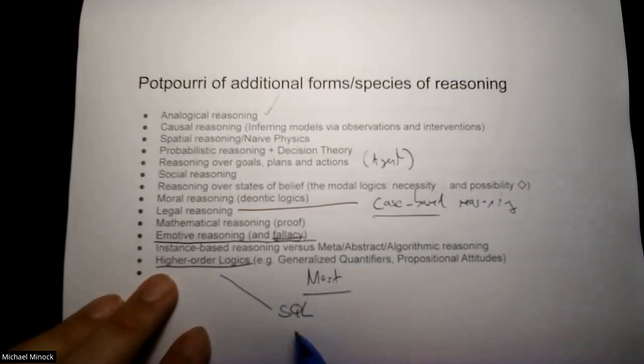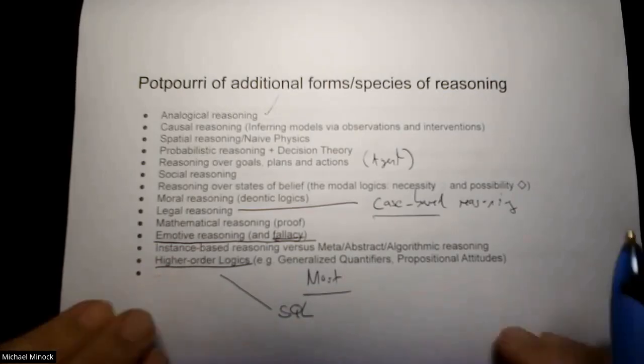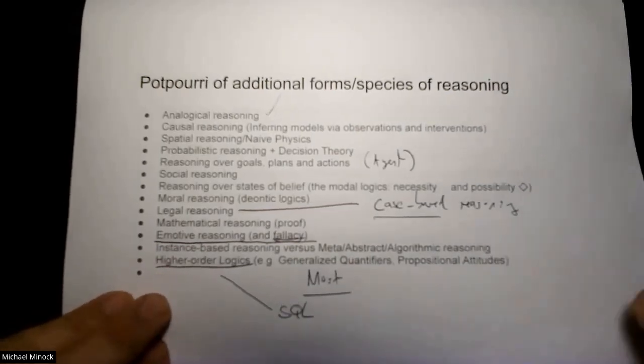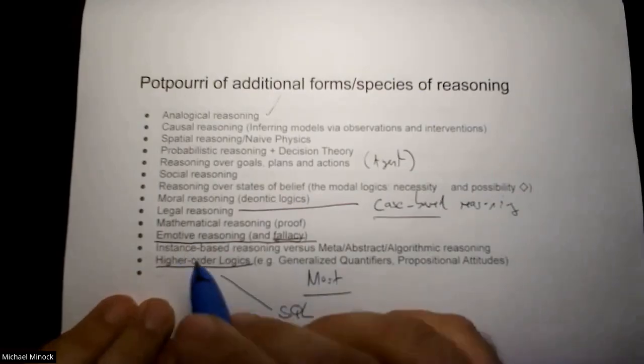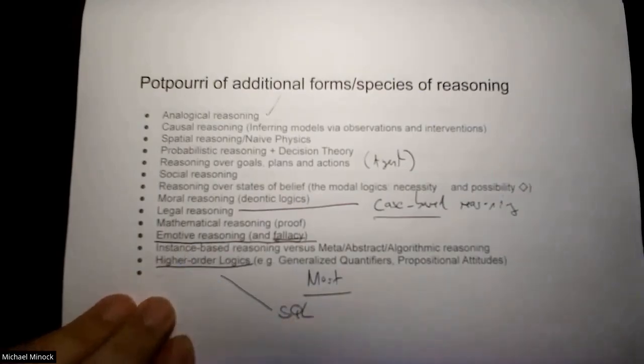If we have a database that has 100 people and 98 of them are good, and then we have another database instance where only 40 are good, can we define a query or a view so that on the first database instance it comes back with yes, most people are good, and then if we apply that same view over the second database, it says no, false? Yes, we can write that SQL query. It has to do with counts, and it's not as simple as basic SQL, but it can be done. So SQL itself is in the higher order, so it's in higher order type reasoning.